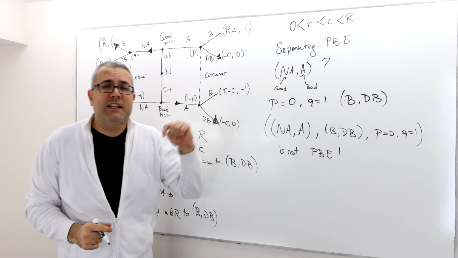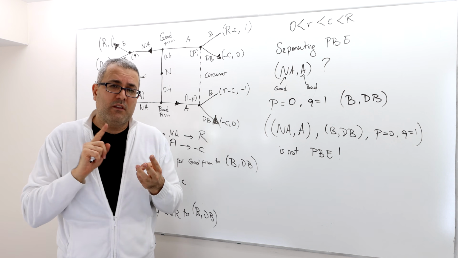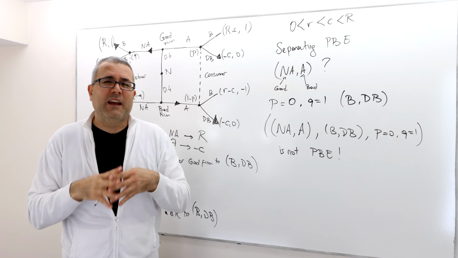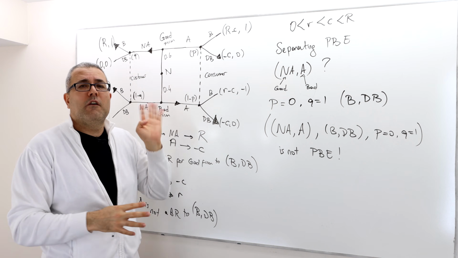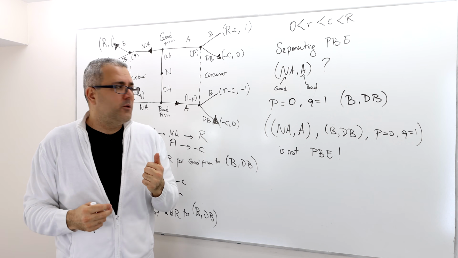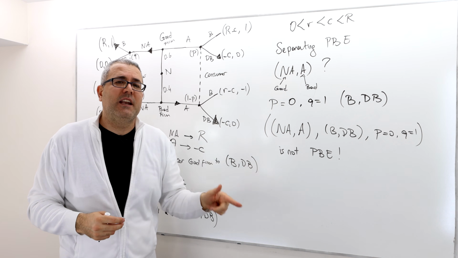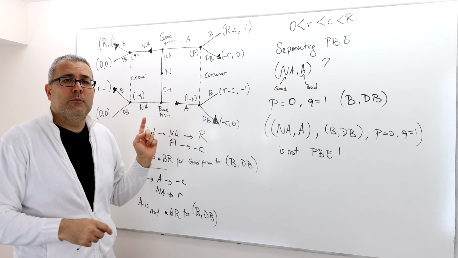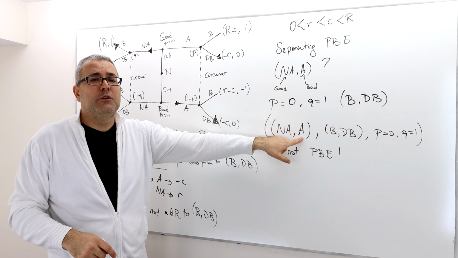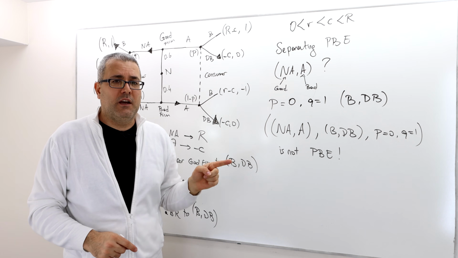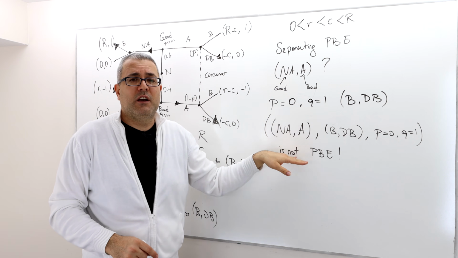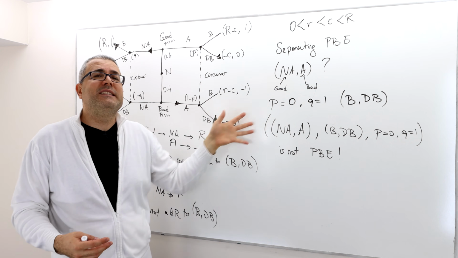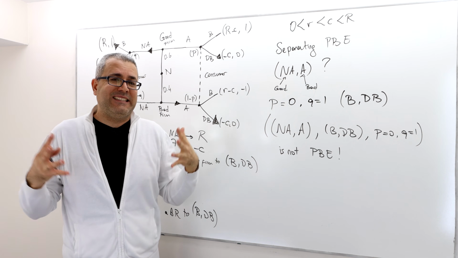Well, it does satisfy requirement 1, requirement 3, requirement 4 by default, because there's no off-equilibrium info set, but it fails to satisfy requirement 2 for who? For the bad firm. The bad firm actually prefers not to advertise, given those strategies. So therefore, this cannot form a perfect Bayesian equilibrium.